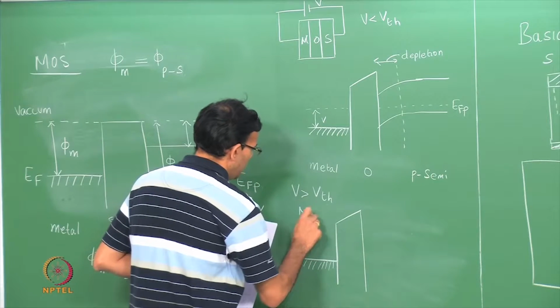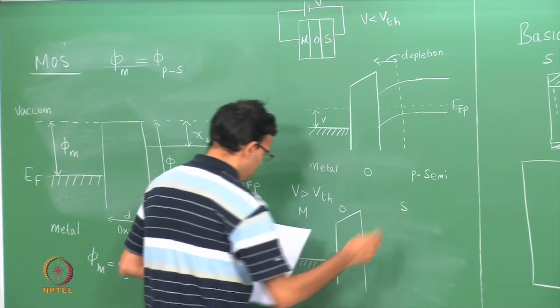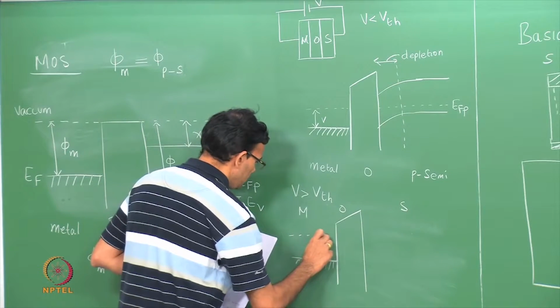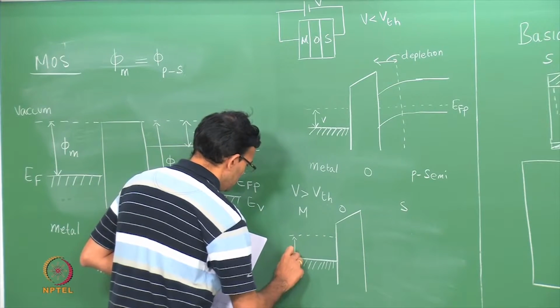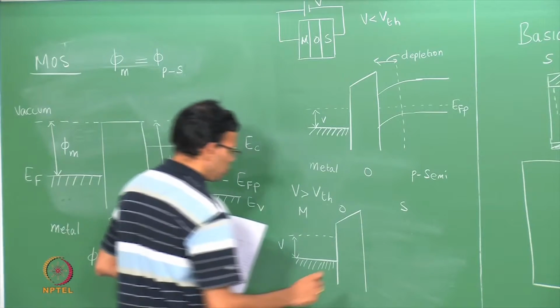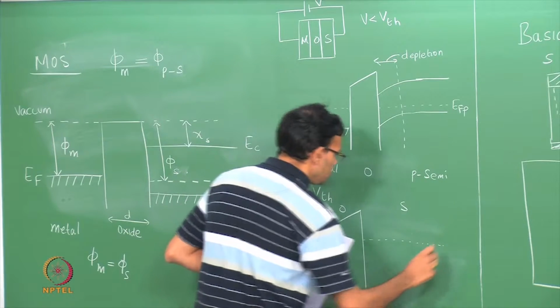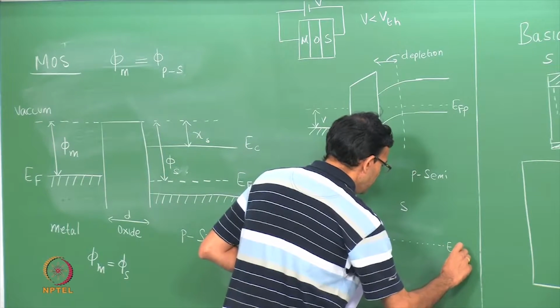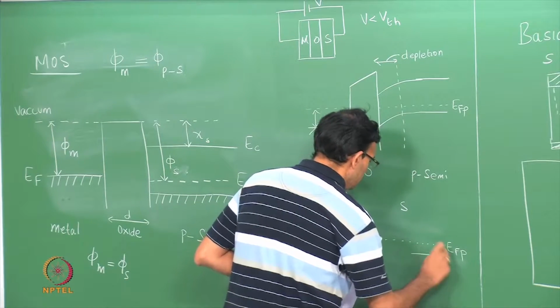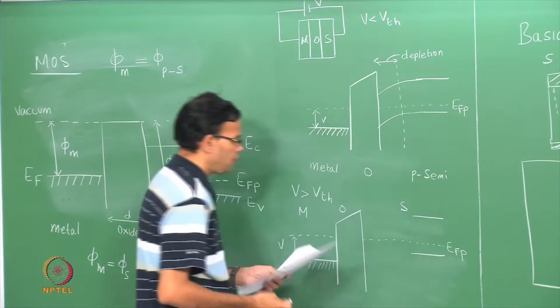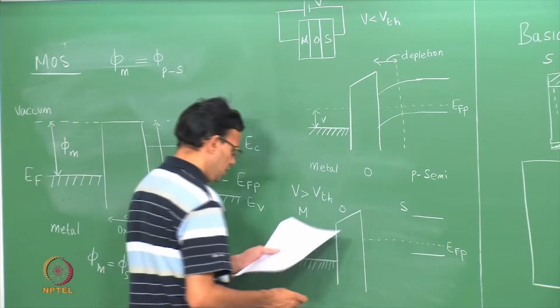let me say metal oxide semiconductor, V, this is EFP. So, far away from the junction it still behaves like a p type.